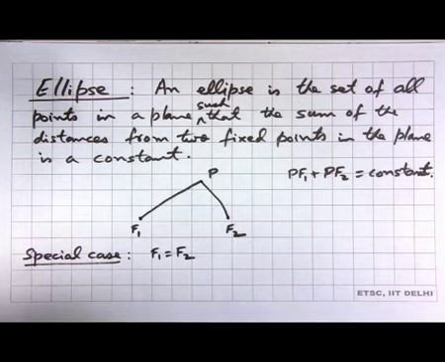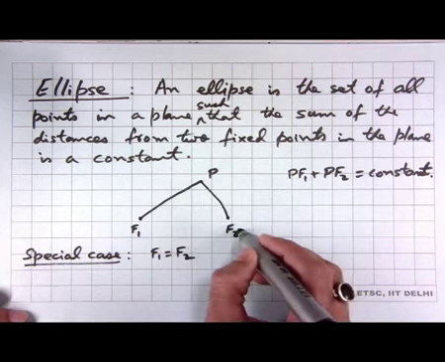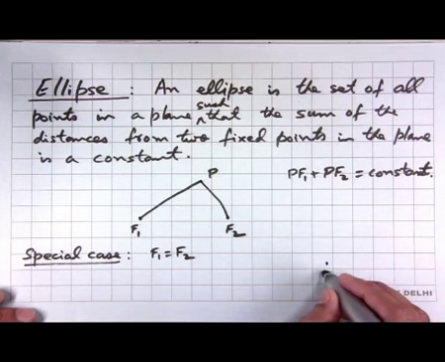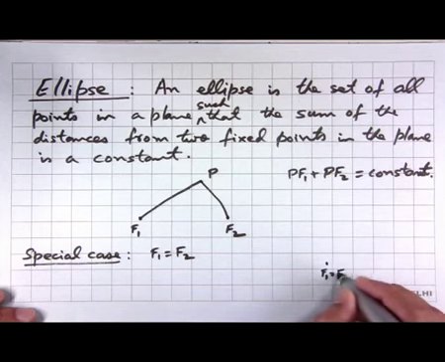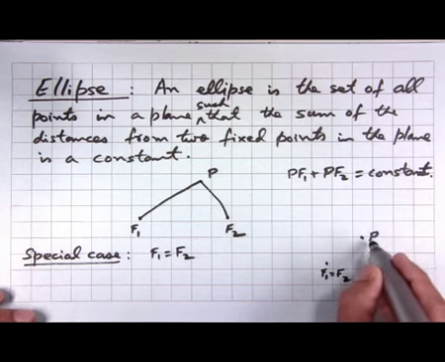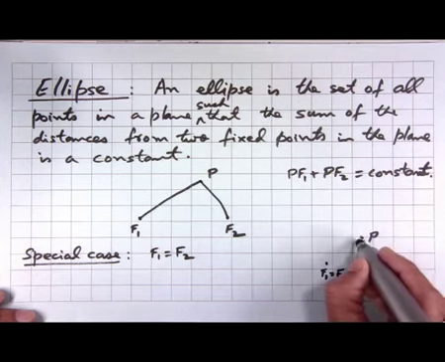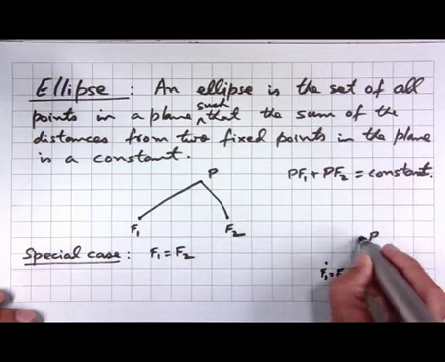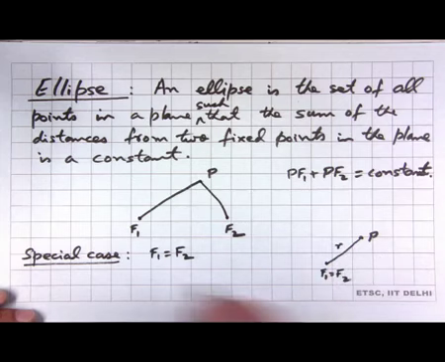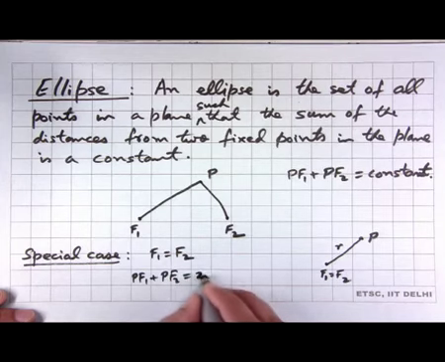We have only one point, F, which is F1 as well as F2, and the sum of the distances of any point P from these two identical points is twice the distance of P to F. If this distance we call r, then PF1 plus PF2 is equal to 2r, which is a constant.